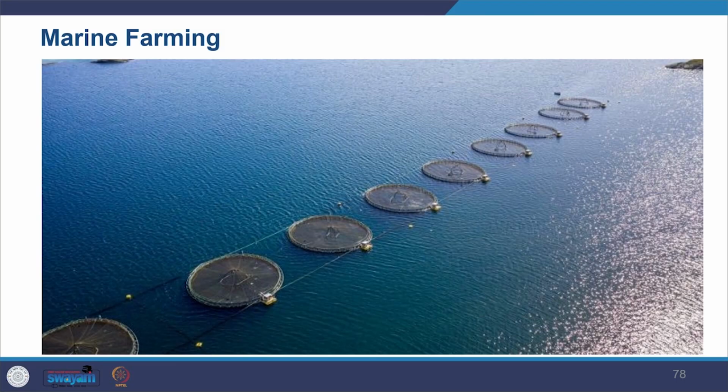And then water abstraction also has impact. Water abstraction leads to saline water intrusion, and saline water intrusion can have other kinds of impacts. It can lead to pollution in the seawater.